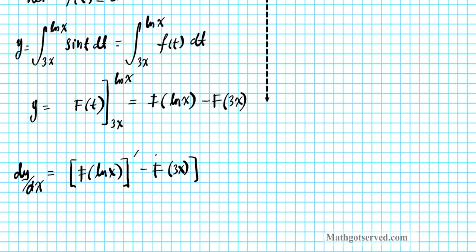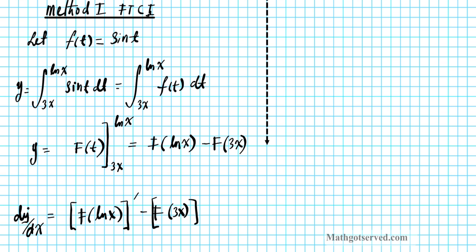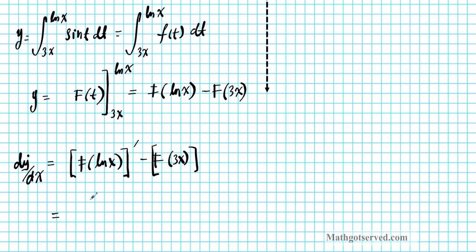Now what you notice is that these two are composite functions, so we're going to have to apply the chain rule. So what's the derivative of the uppercase F? Remember, when you found the antiderivative of f, it became uppercase F. Now what happens when you take the derivative? You're going to end up with lowercase f. So you end up with f of what?